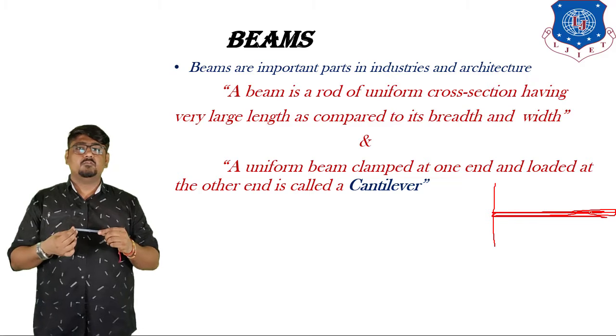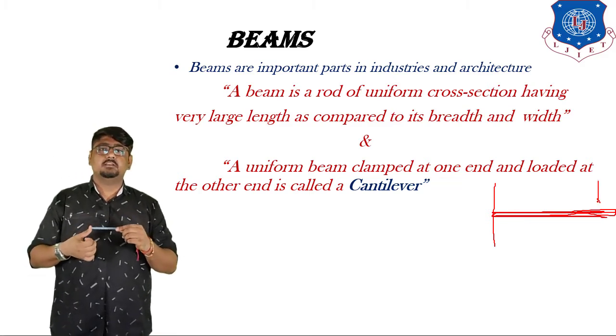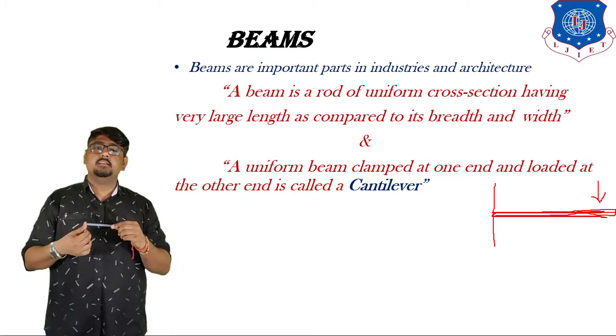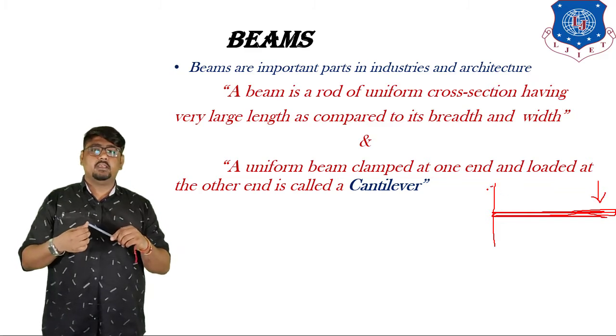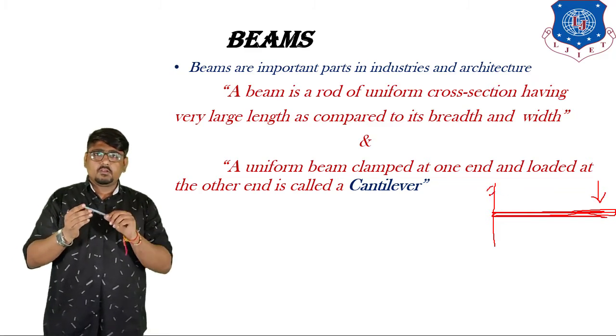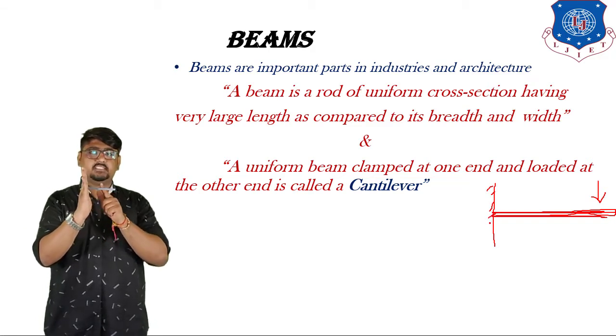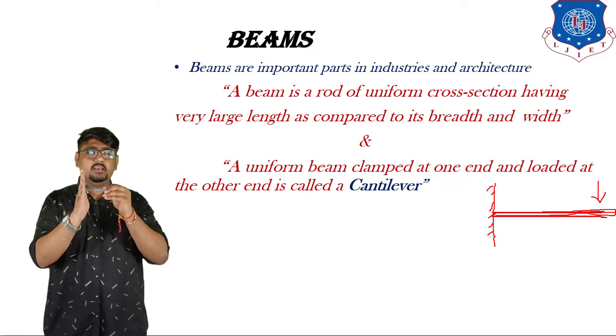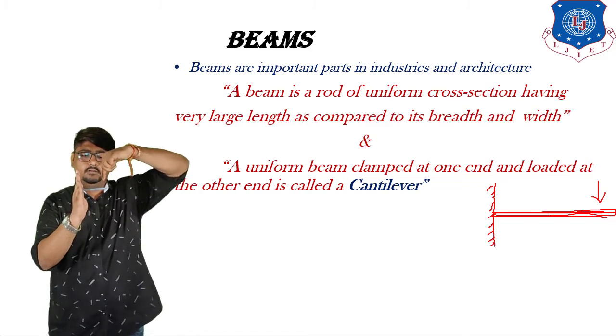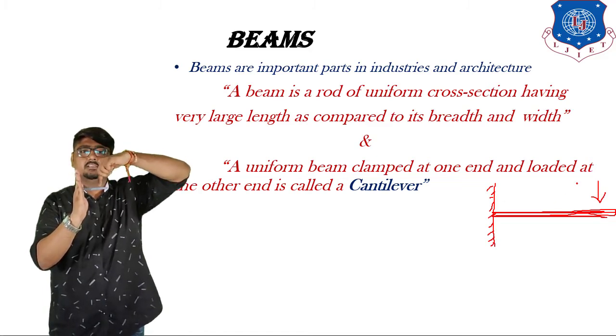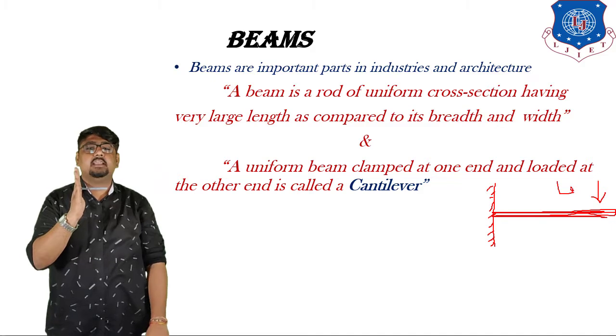You might know the beams are used in construction works, construction of bridges and houses. Such a beam, when it is fixed at one end and the other end is loaded, is known as a cantilever beam.